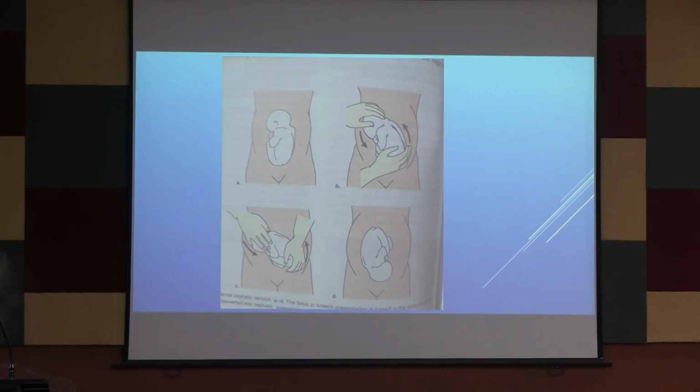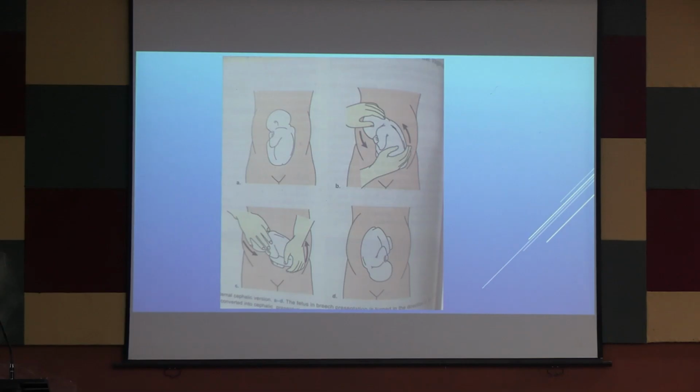Okay. Then we will follow this way. The arrow shows the buttock is held with the right hand and the head is held with the left hand. You have to give a forward movement so that the head can come to the pelvis. If it is RSA, you have to hold the buttock, and with the left hand on the head, you have to give pressure towards forward movement so that it can reach the pelvis.